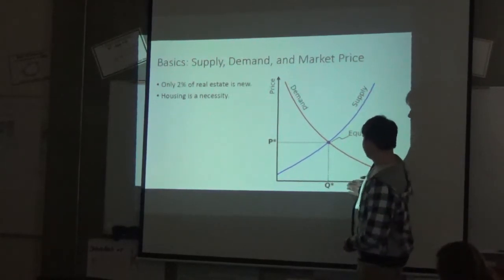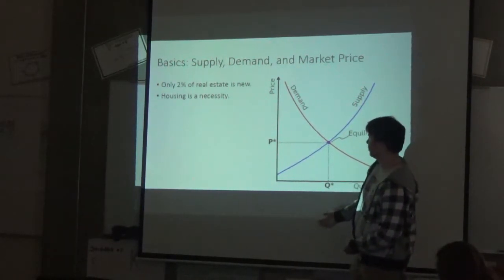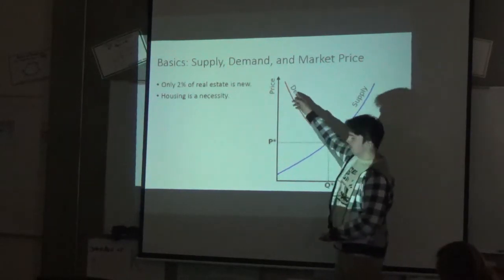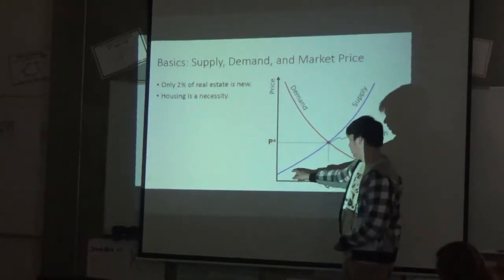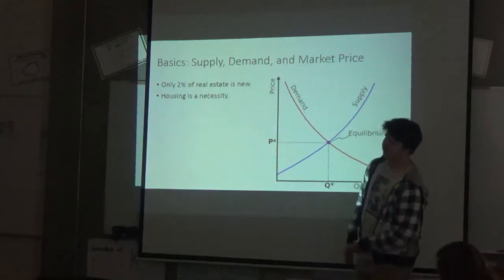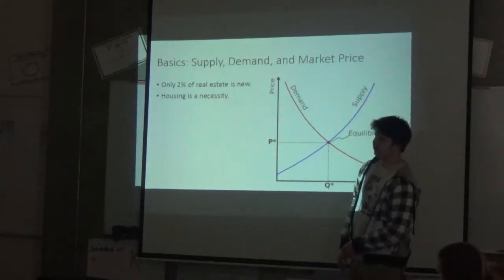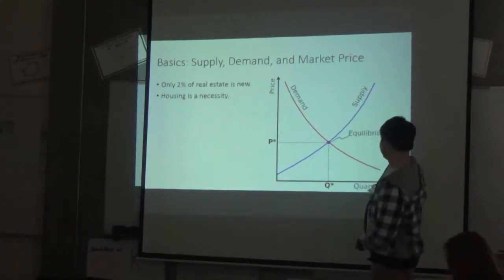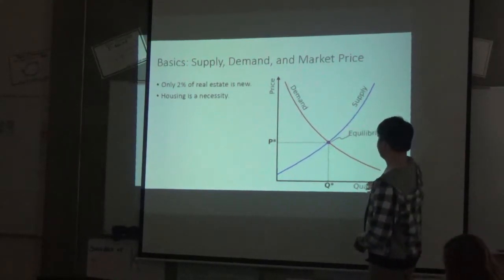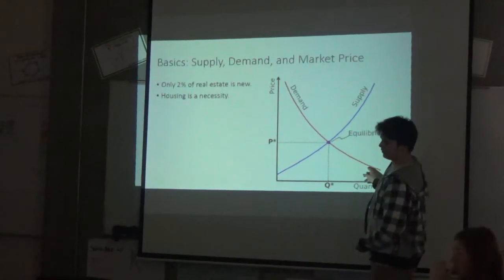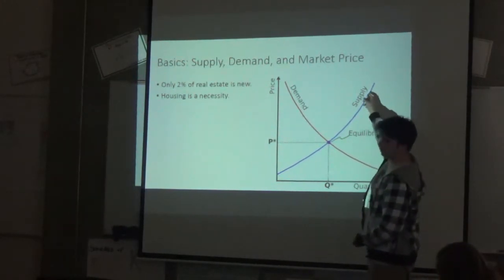So if not very much of a quantity is being produced, the price will be higher and the supply will be lower. If a lot of the product is being produced, the demand will be low for it because there's tons of them out there and there'll be an excess supply.